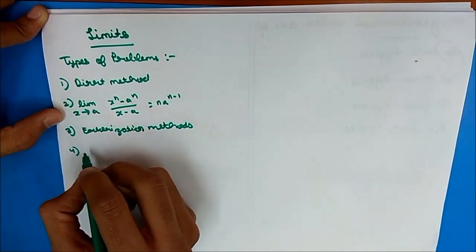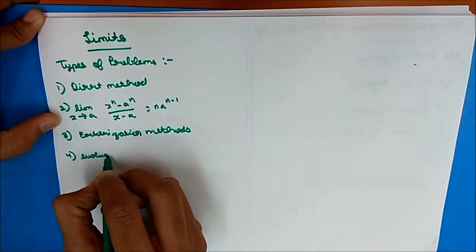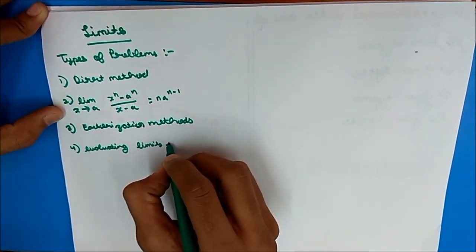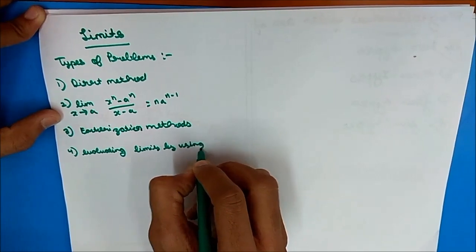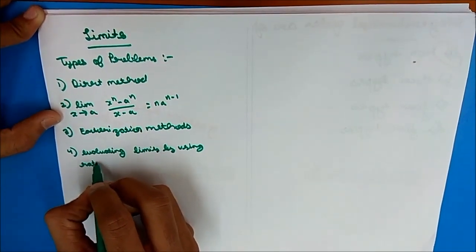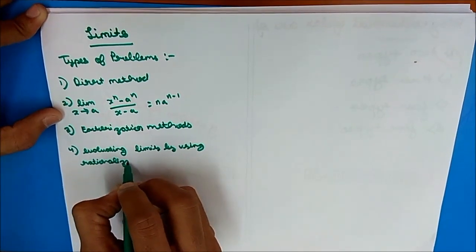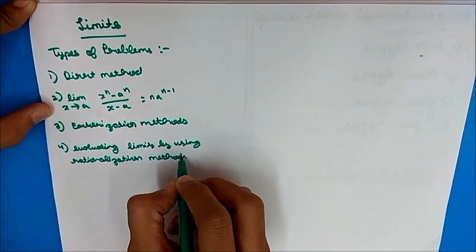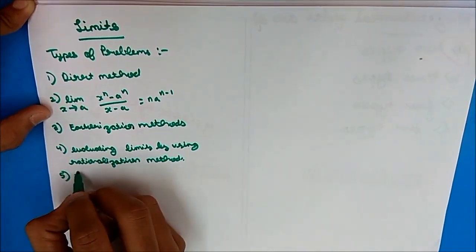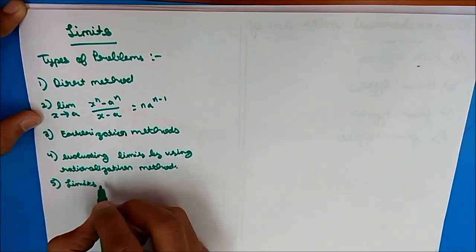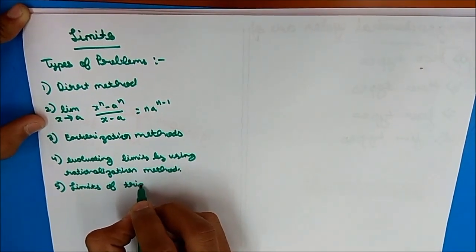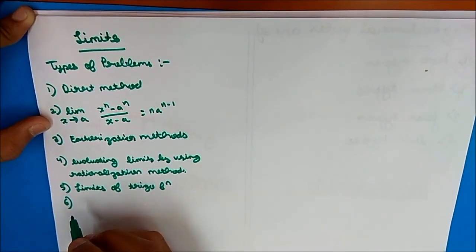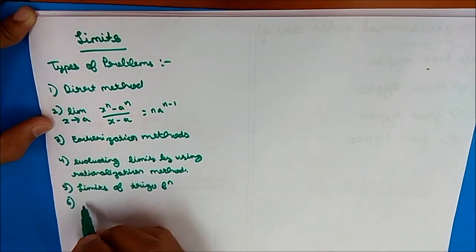Now the fourth one would be evaluating limits by using rationalization method. Then we have limits of trigonometric functions. Then we have evaluation of limits by using substitution method.